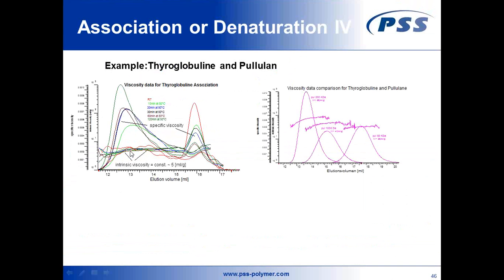We did not see any change of the density of our molecule, and we compared our protein results with so-called random coil results, which are these pink-colored pullulan polysaccharide samples having much higher intrinsic viscosities at the same elution volume as the comparable protein sample.